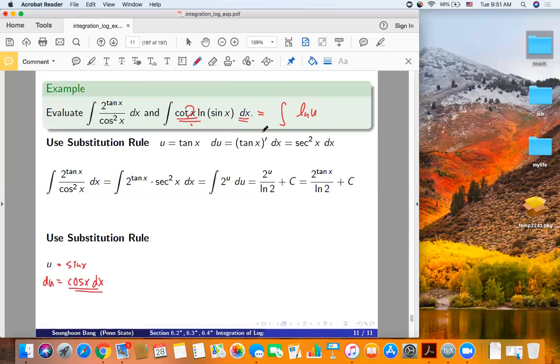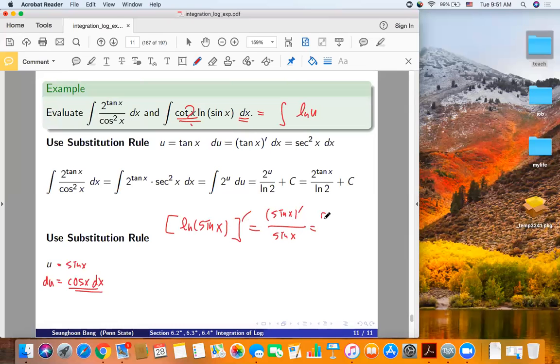What is u? Do you have an idea? U is here. What is the whole thing? ln of sine x prime. You can use sine x prime over sine of x.